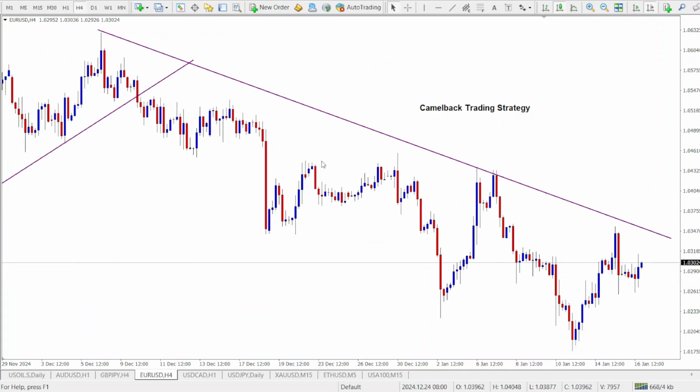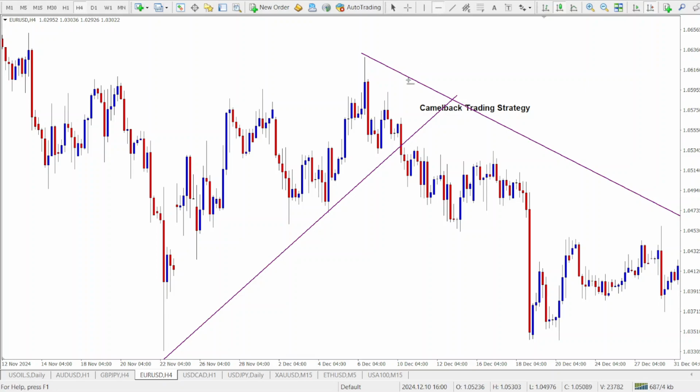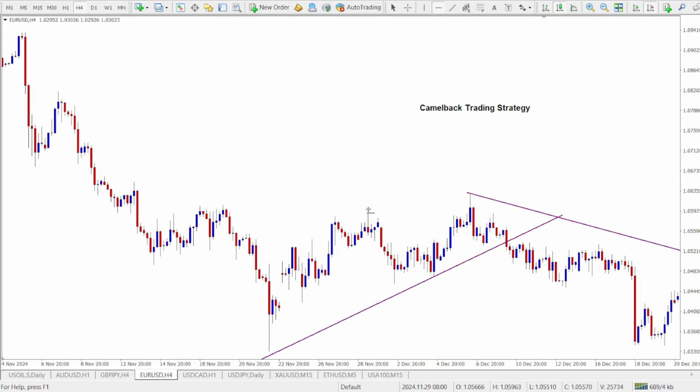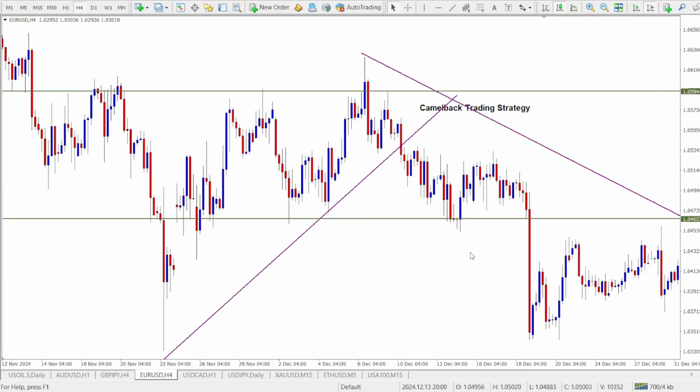You need to understand how the price moves and how it reacts to key levels, mostly resistance zones, support zones, and all of that.